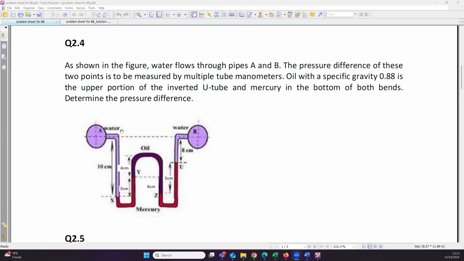Again, if you do not look at the rest of the figure, just forget about it. Just look at point X. It will be the pressure due to the height, plus the pressure that is already at this point. Okay, so it will be PA plus the height rho GH, that is 10 centimeter, and the sum of these two pressures will be equal to the pressure at point X.